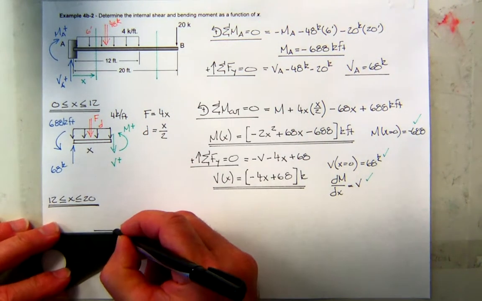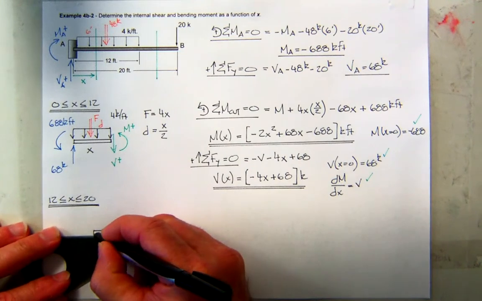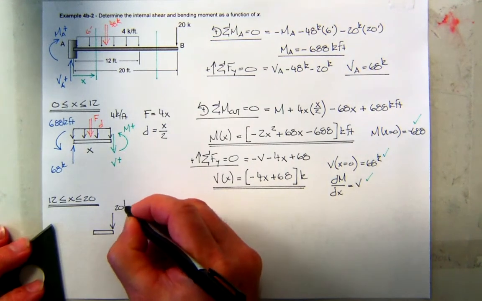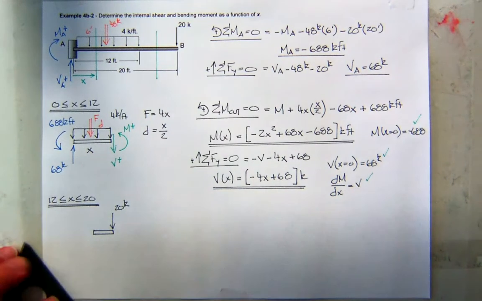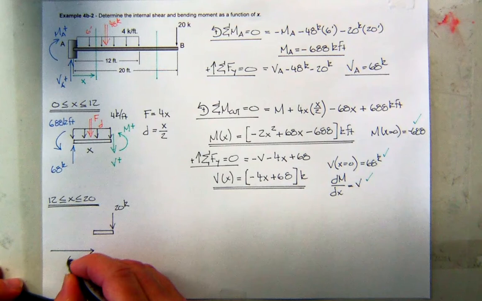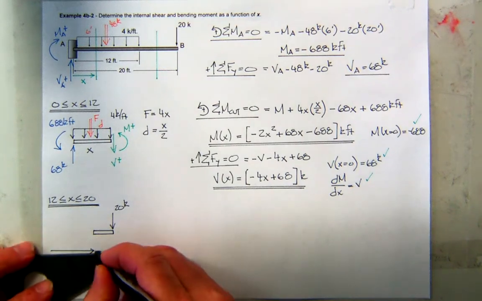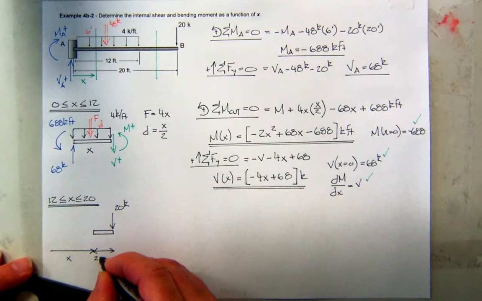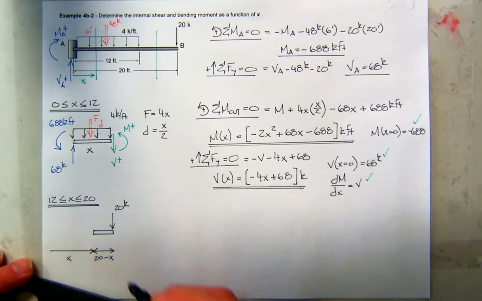So here's the right-hand chunk of the beam, which on the very far edge, I have a 20 kip load. That cut occurs at a distance of x, and then this little piece that's left over is 20 minus x.